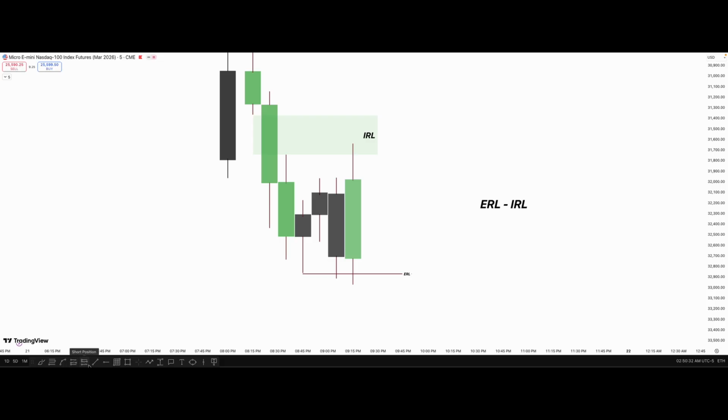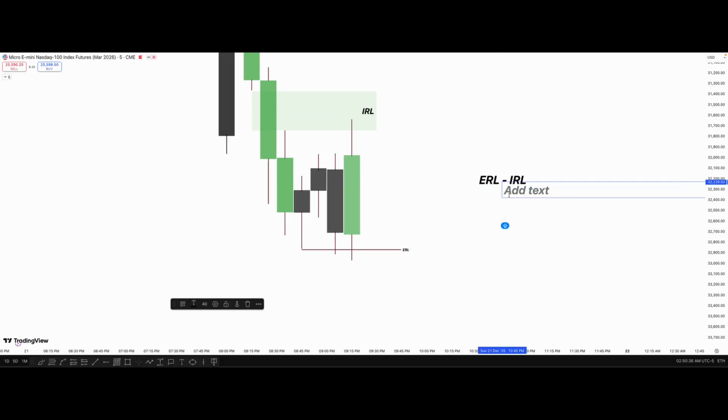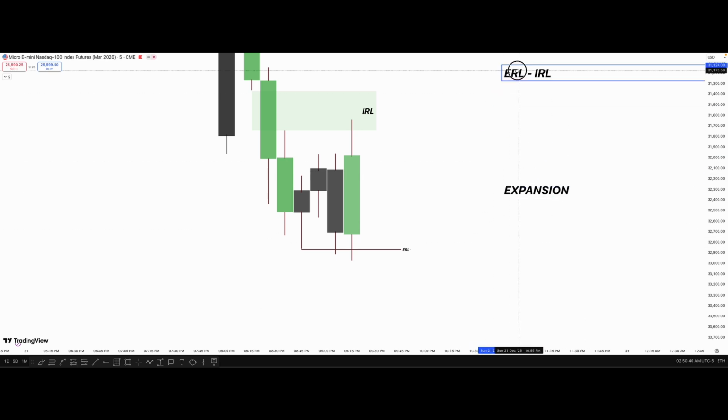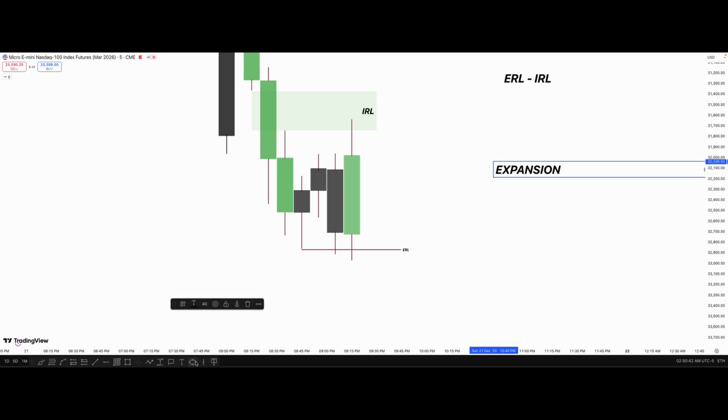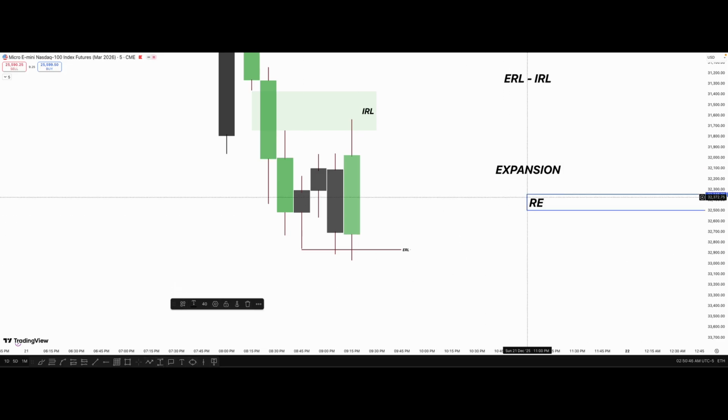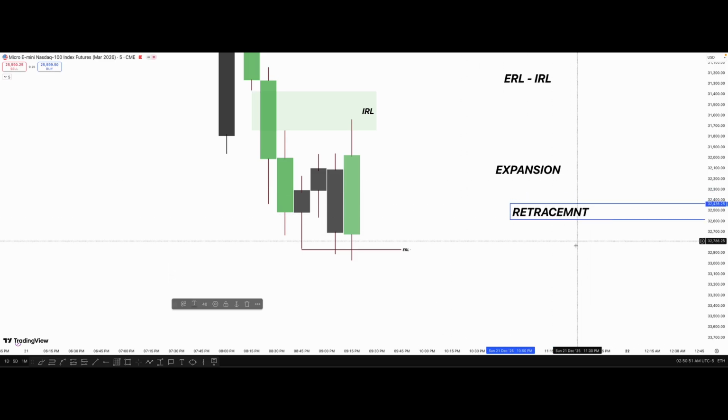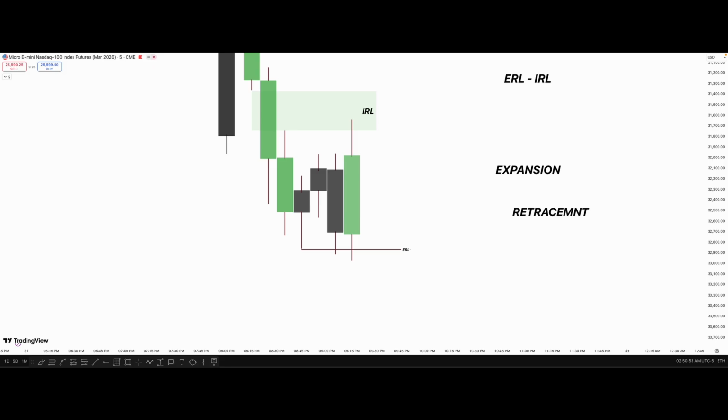So in this case, the first thing that happens is what? Your expansion will happen first, and then the thing that happens next is your retracement. This is what happens.